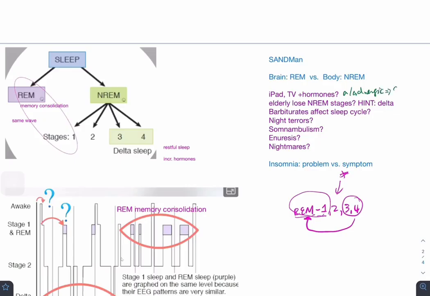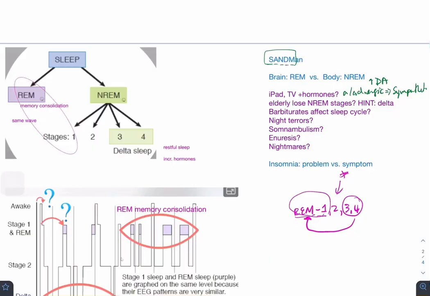So if you say sympathetic, which is what you are, and the hormone is actually dopamine, because looking at S, A, and D, M, these are the hormones that we need to know for sleep. So dopamine is high with iPad and TV.